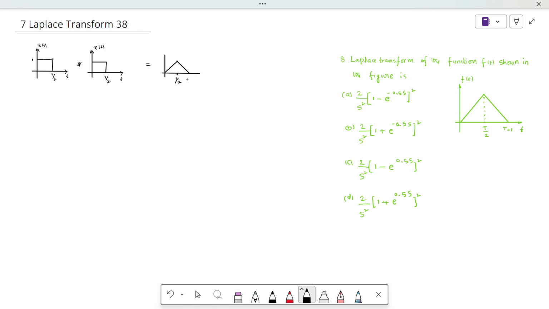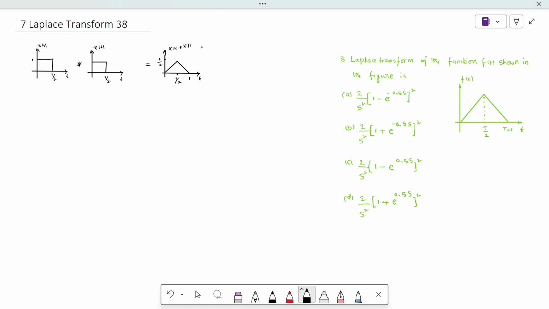So this is 1 by 2, 1 and t. So this is x of t convolution x of t. Here this magnitude is equal to 1 by 2. So it's very important: the slope is equal to 1 unit. So the magnitude is 1 by 2, so that is 1 unit.